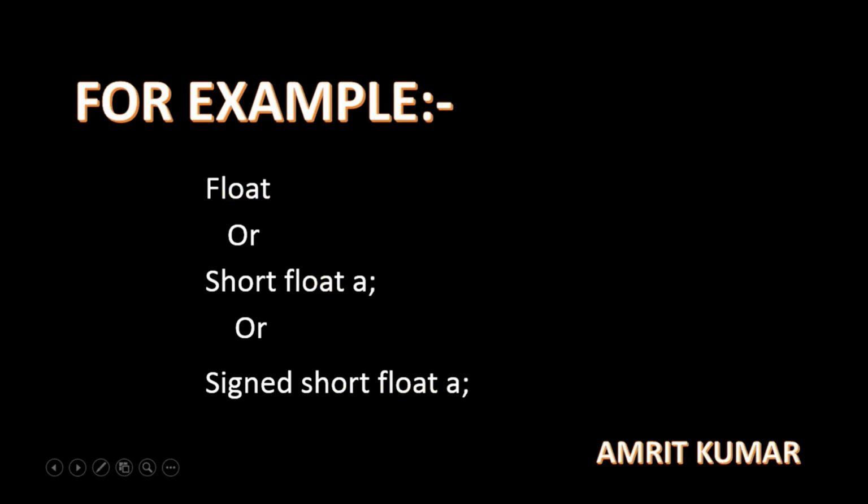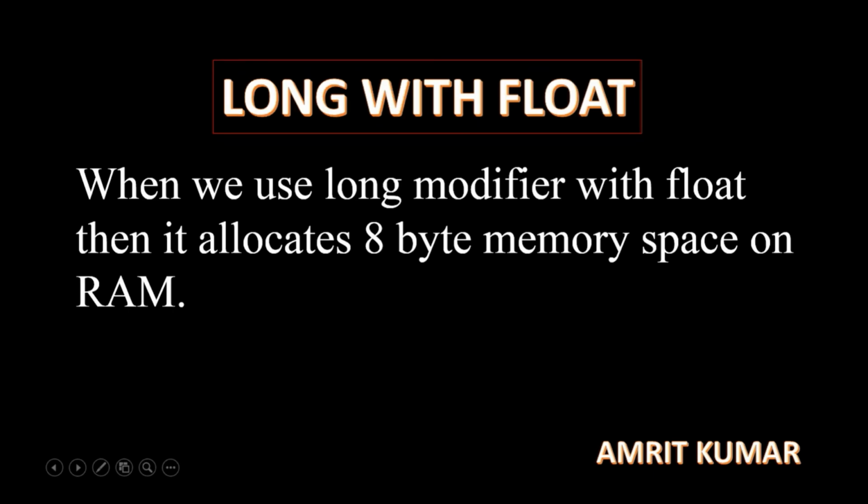Now let's look at long used with the float data type. As we have studied, the modifiers used with float are categorized into two parts, short and long. Now we are studying the long modifier.